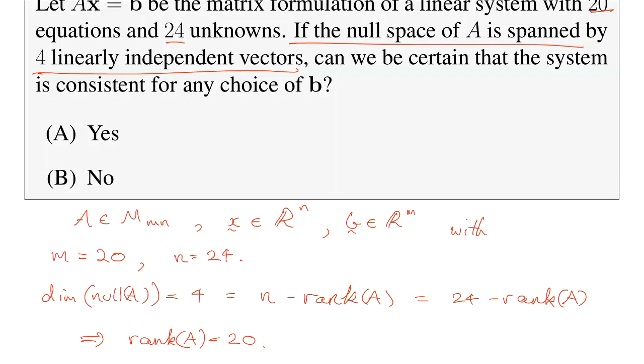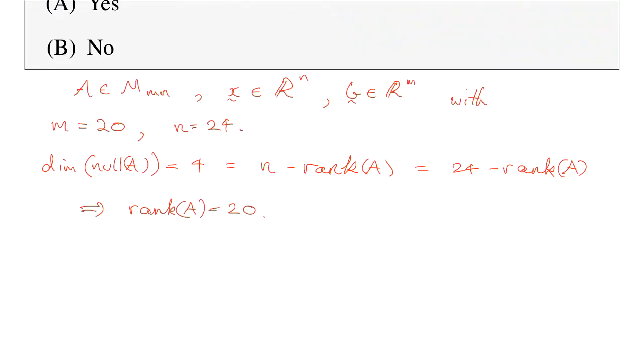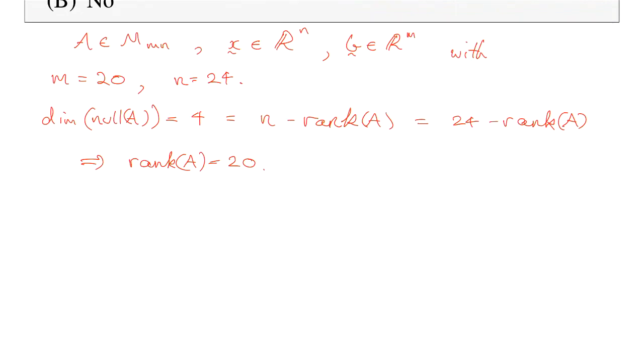What can we tell from the rank? Well, the rank tells us the dimension of the row space and the column space. So the dimension of the column space is 20. And you'll notice 20 happens to be m.